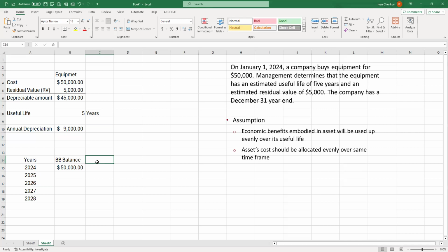And we're gonna have our depreciation expense. Once we have the depreciation expense, once we deduct, we're gonna have accumulated depreciation.